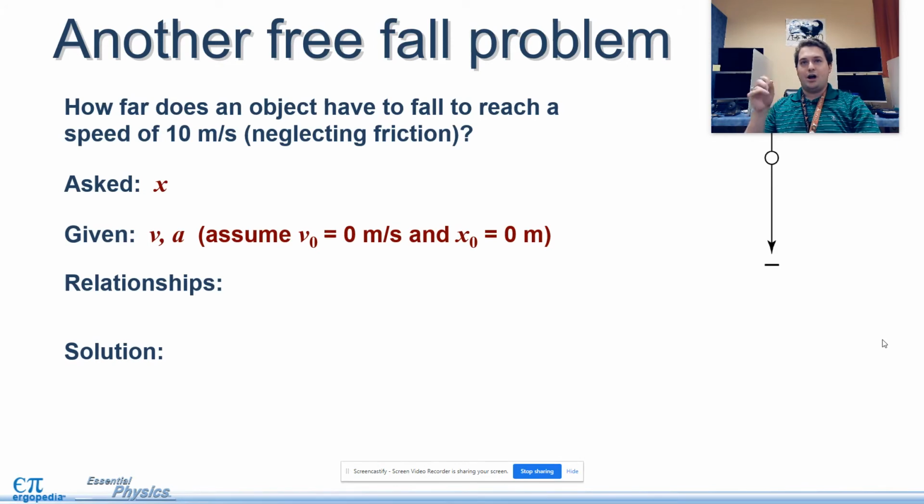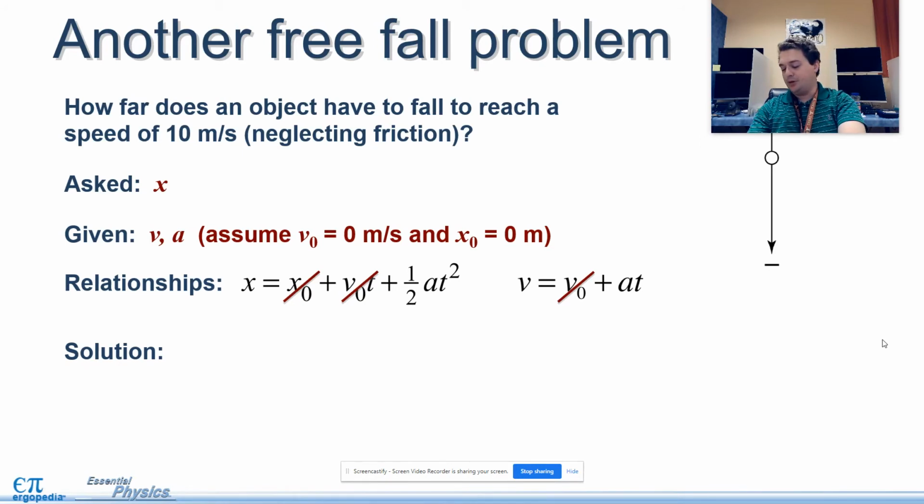We're assuming it's dropped, so the initial position and initial velocity are 0 and 0. And you're given that gravity is negative 9.8, right? Now, if it's falling, that final velocity is negative 10, because it's falling.